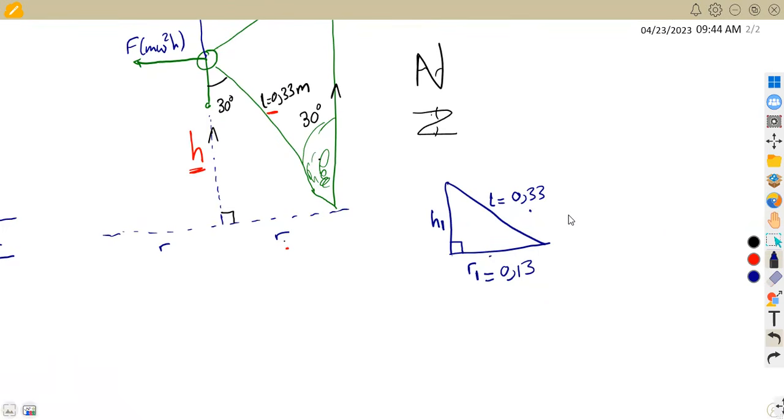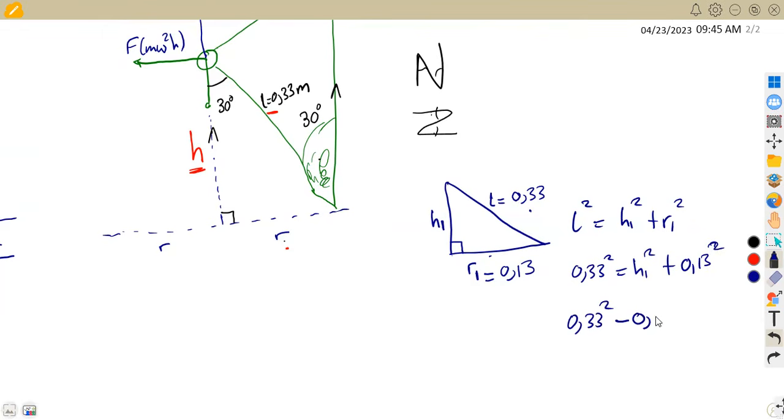From your Pythagoras theorem, L squared is equal to H1 squared plus R1 squared. You can substitute, depending on what you want. L here is 0.33, so 0.33 squared is equal to H1 squared plus R1 squared, which is 0.13 squared. You can transpose this to the other side: 0.33 squared minus 0.13 squared is equal to H1 squared.